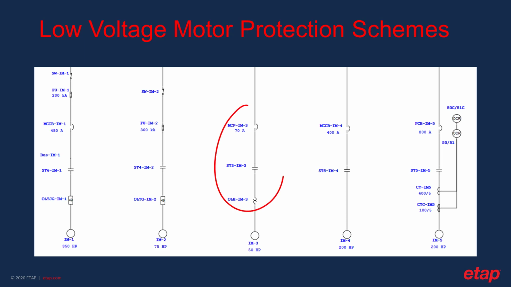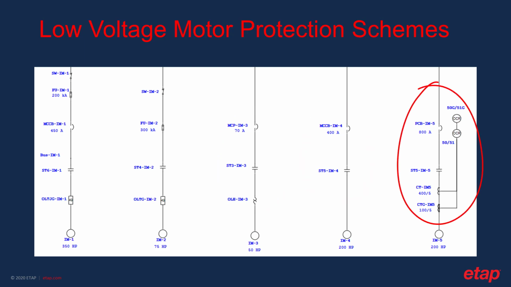Another cheap and common type of protection is overload, starter or contactor, and MCP, motor circuit protector, which has the thermal magnetic curves. Or you can use a single molded case circuit breaker or power circuit breaker for protection of the motor all at the same time. Another option is to use the relay for protection of the motor.